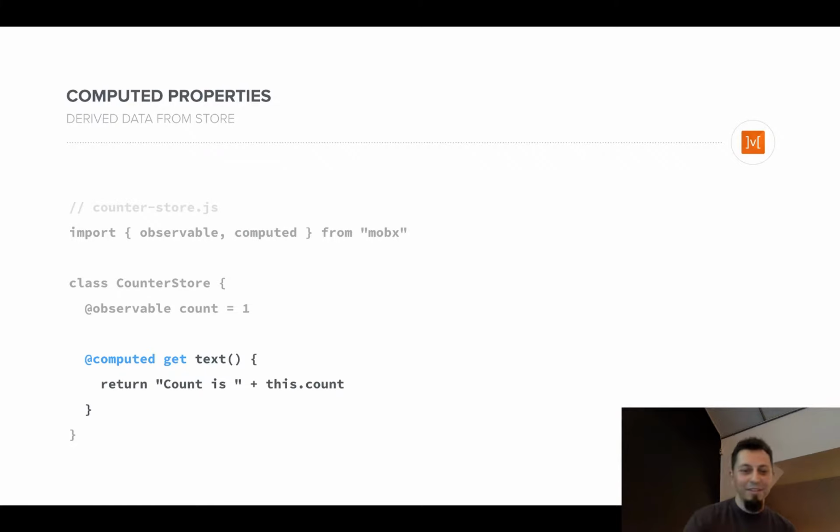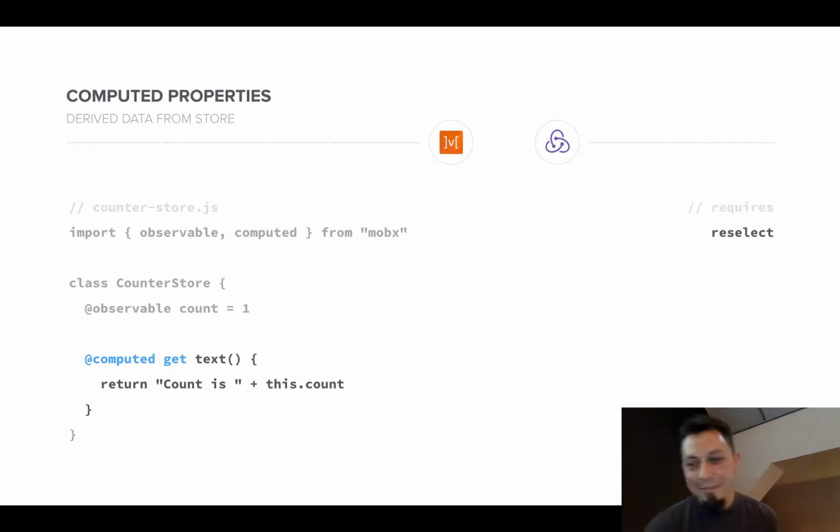Just a question here. Are the stores immutable here? No, the stores are mutable. So in order to achieve these computed properties in Redux, you probably require a library like reselect, which implements basically the same thing.